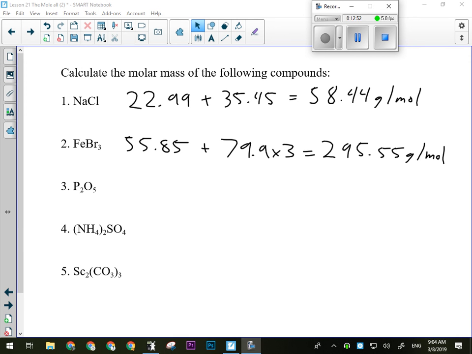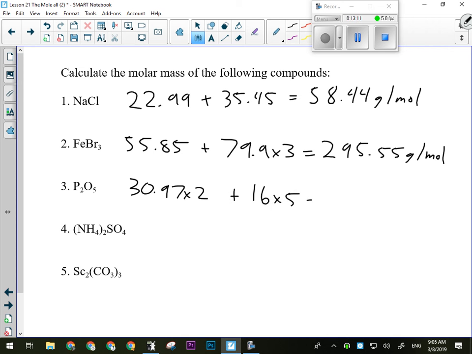All right, so for number 3, how many phosphorus atoms do we have? 2. All right, so phosphorus is 30.97, right? So we've got 30.97 times 2, and then we have how many oxygens? 5. All right, so we're going to add that to 16 times 5.